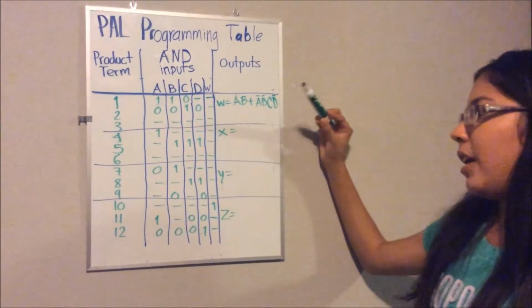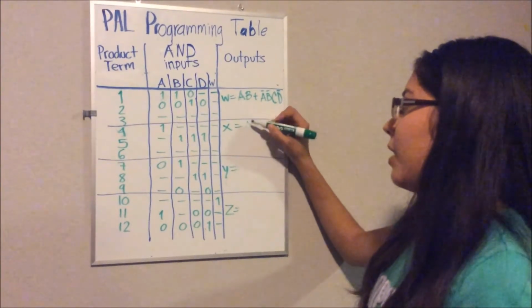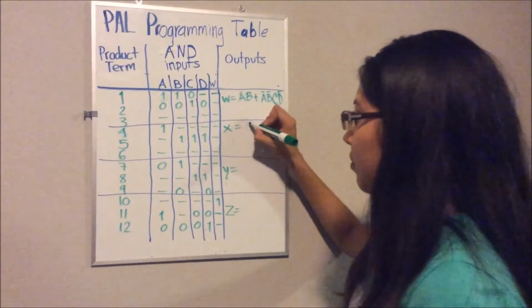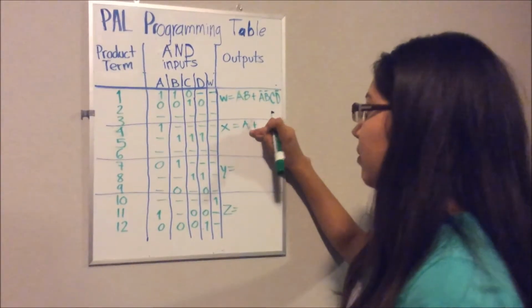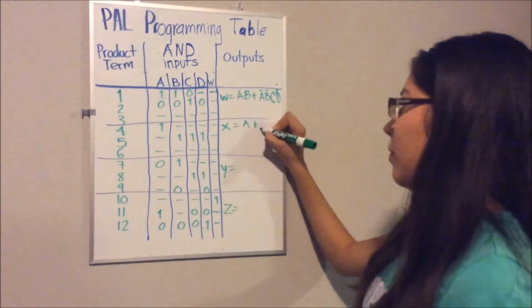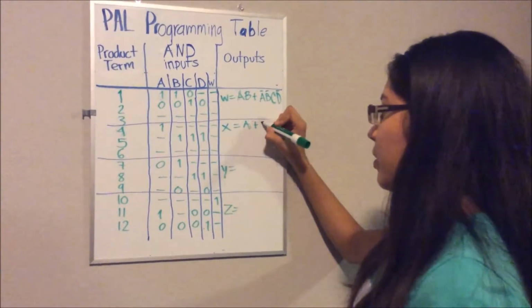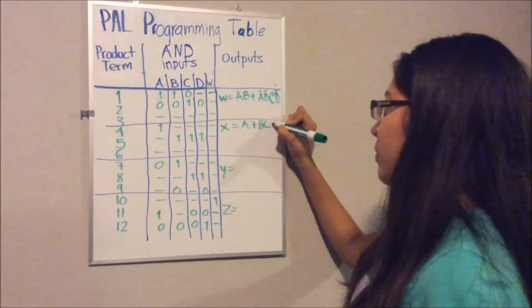Then in the second group, we're just gonna have A plus BCD that corresponds to the fifth input.